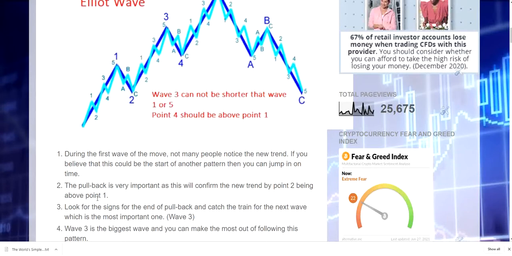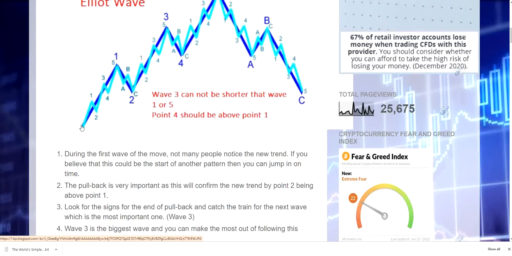Wave 2, the pullback, is very important, as this will confirm the new trend, by point 2 being above point 1. So you notice the trend reversal or continuation of the current trend, then you jump in.